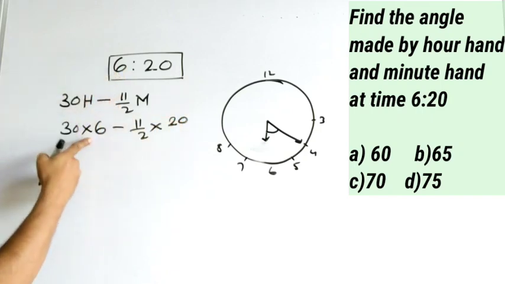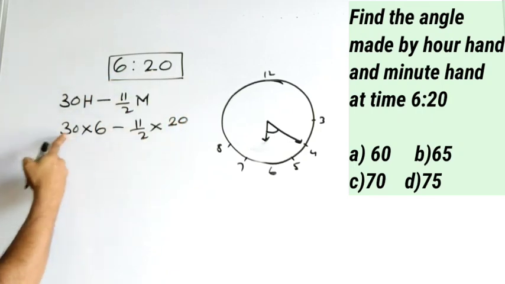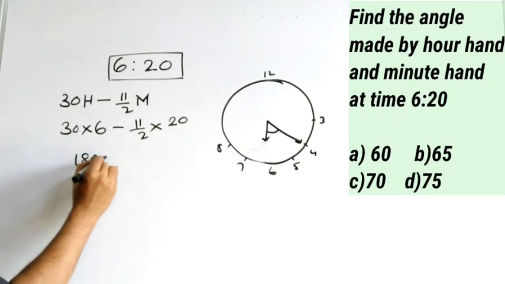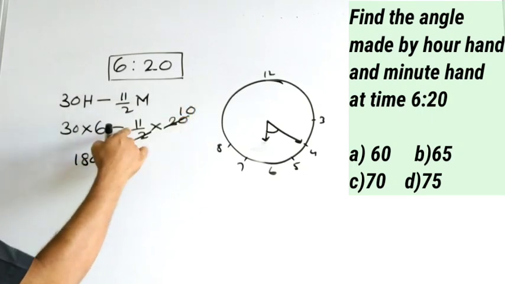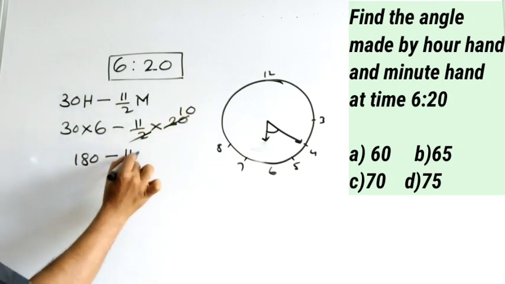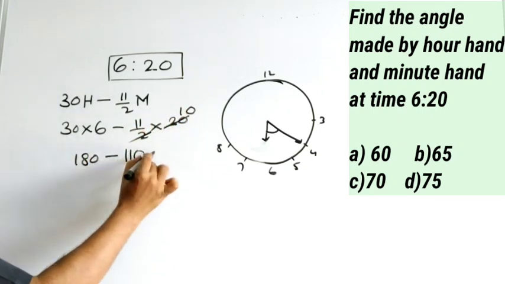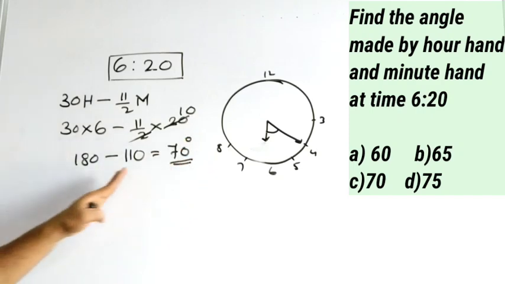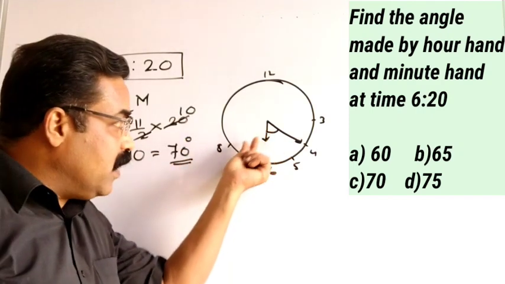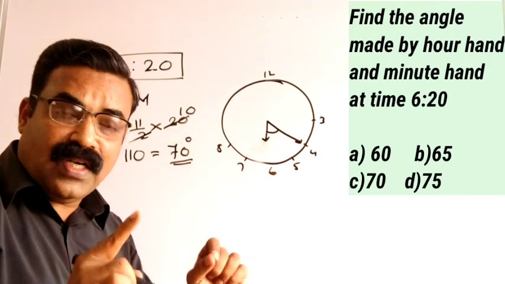Here the hour is 6, the minute is 20. So 30 into 6, 180, minus, you can cut this 2 and this 20, 10 times 11, 110. So 180 minus 110, you get the answer 70 degrees. So 70 degrees is the correct answer. The angle between these two hands is 70 degrees.